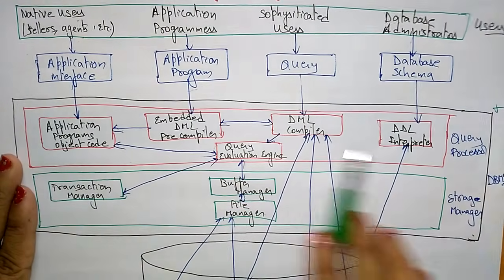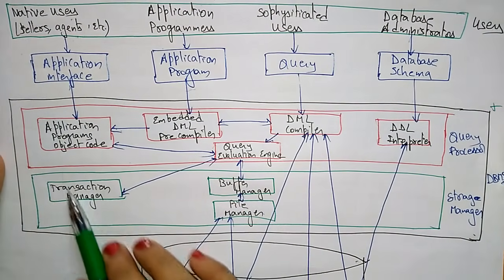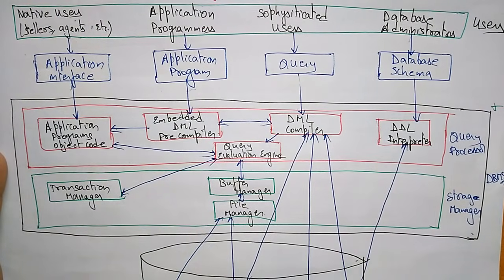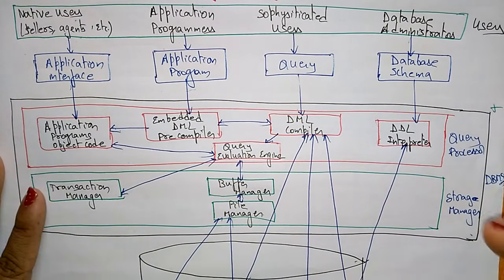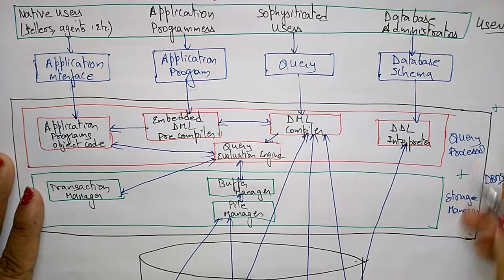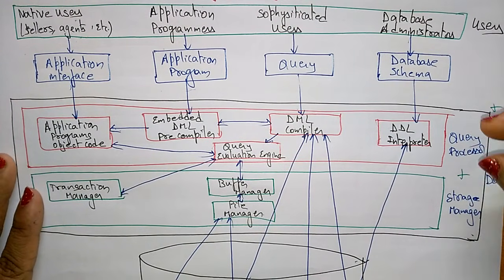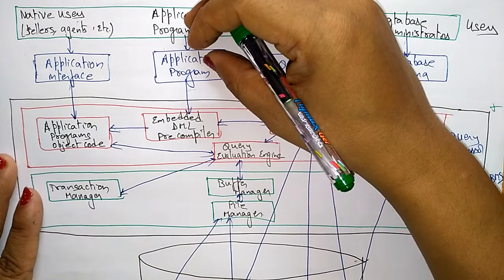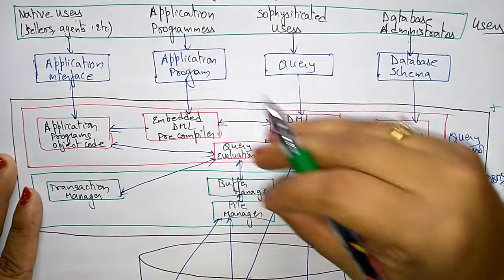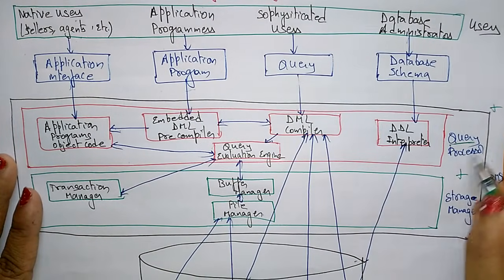Now coming to the database management system software. What will be there inside this software? Here the database management system is divided into query processor plus storage manager. Whatever the users are asking will be converted by the query processor.